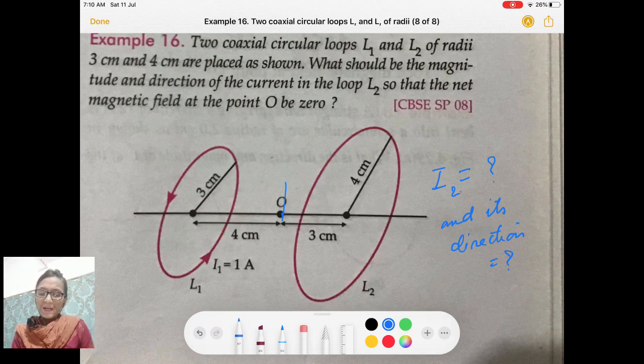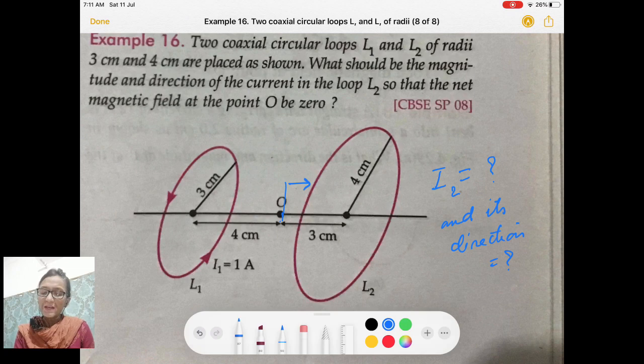The two magnetic fields are cancelling each other at this point. It means that the two are counterbalancing each other. So if you apply the right hand thumb rule for the L1 current carrying conductor, the direction of magnetic field is along the positive x-axis.